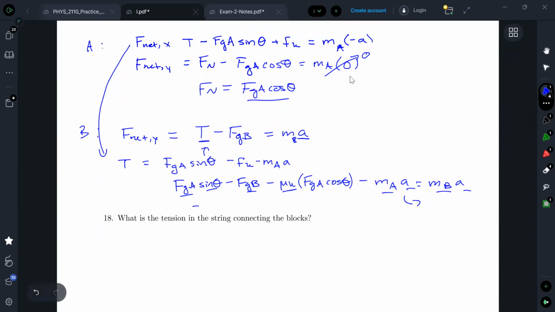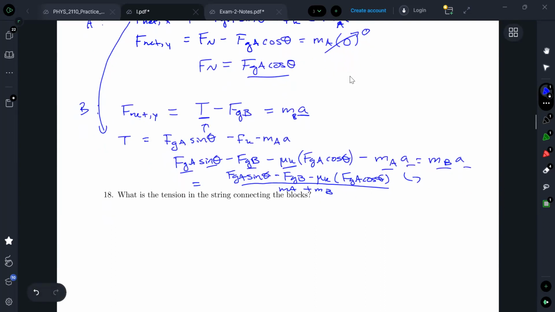So that's equal to FGA sine theta minus FGB minus the coefficient of kinetic friction times FGA cosine theta, over MA plus MB. And then just remember that FGA is the weight of block A, FGB is the weight of block B.